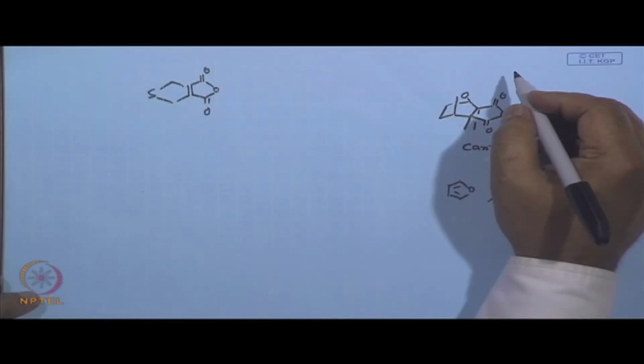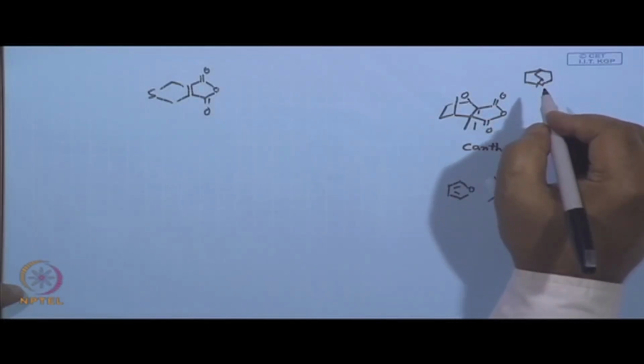Remember this DABCO and this triethylamine? Which one is more basic and which one is less basic? Should I write it or not? This is triethylamine and DABCO, or a corresponding bicyclic compound. I think this one is not really DABCO though.